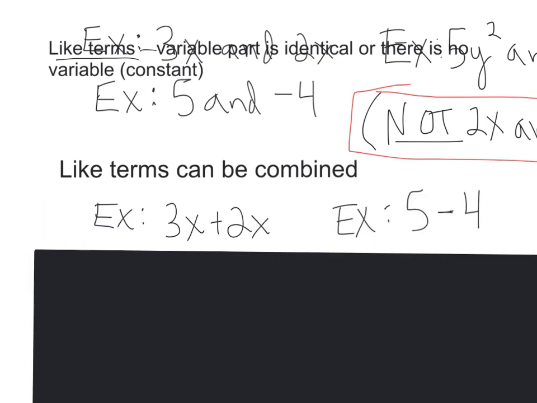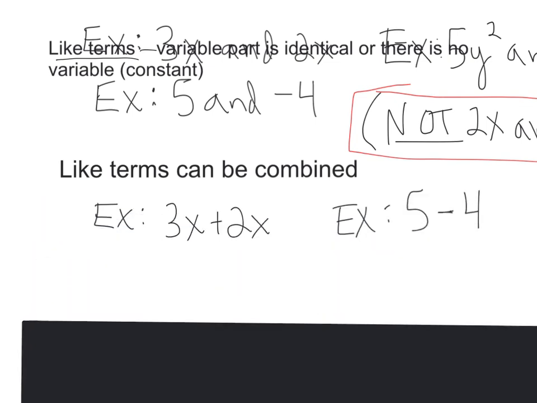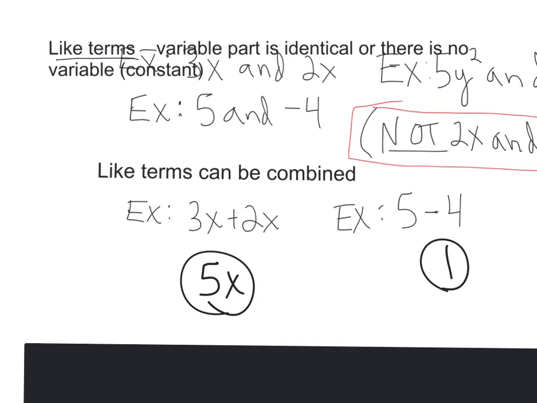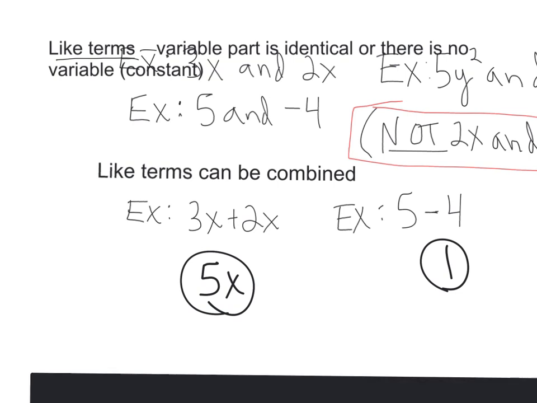For example, if we had 3x plus 2x, since those are like terms, I can combine those together. 3 times something plus 2 times something is the same as 5 times something. So 3x plus 2x is equivalent to 5x. 5 minus 4 is equivalent to 1. Anytime we have like terms, those can be combined together.